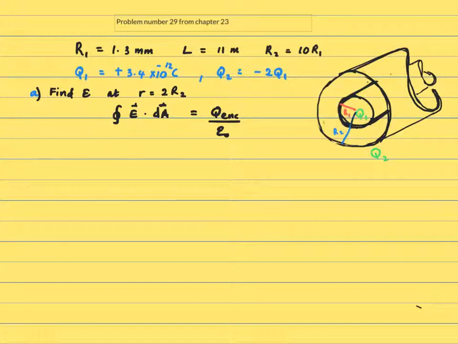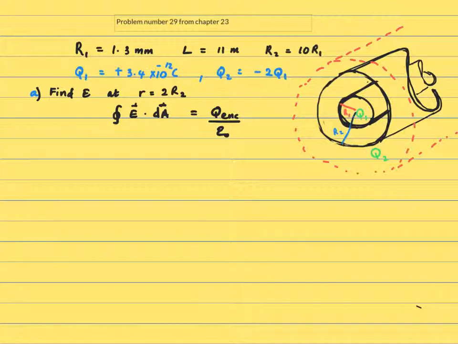Outside, at 2 times R2 distance, I am going to draw the Gaussian surface, a cylinder, using this red dotted line. It's not a perfect one, but I think you understand what I mean. So this is the Gaussian surface, the Gaussian cylinder.